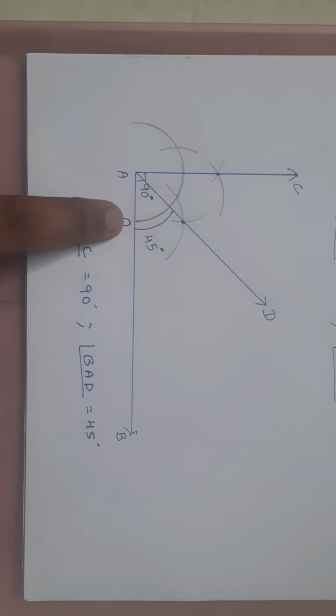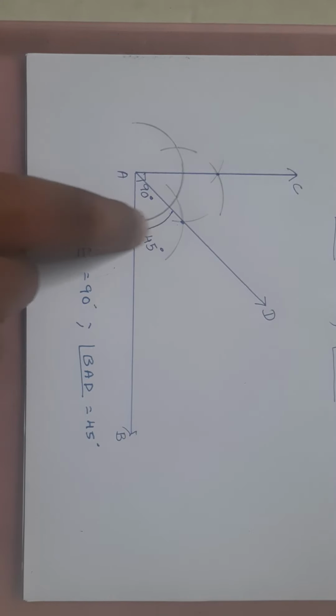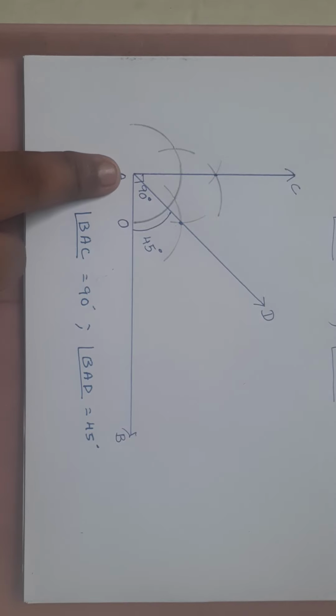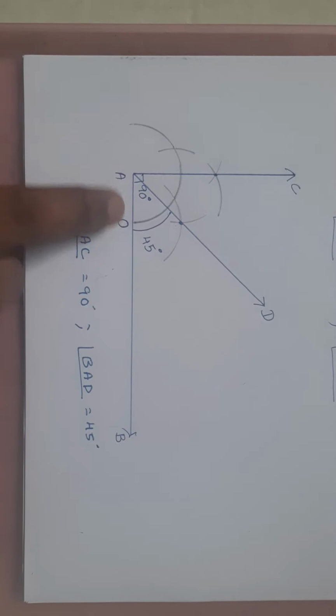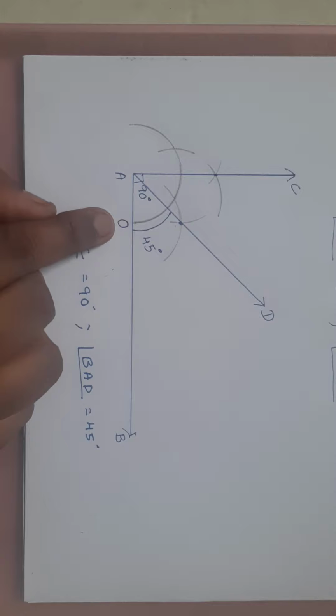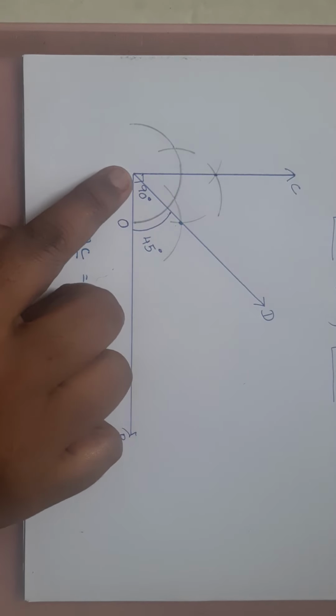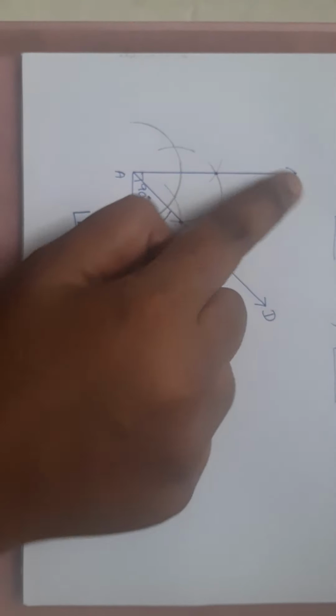Using that ray, take any radius. Keep O as the center. Draw one arc. Okay, so keep the needle at A, the initial point. Draw one arc. That arc's initial point is named O. So now you can join this for 90 degree.